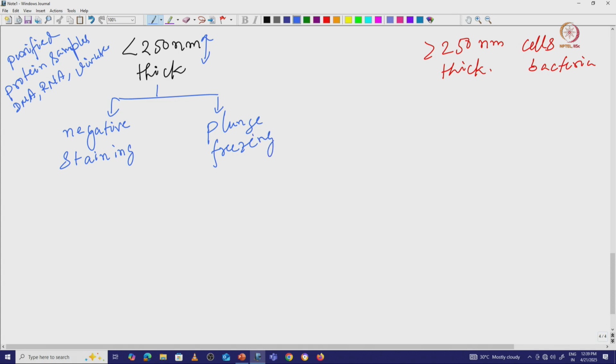Now, when we have negative staining, what can we do? We can just take a snapshot of any image, if we just want to collect some 2D images. That is also possible, no one is stopping us.